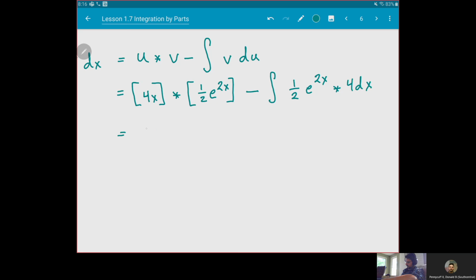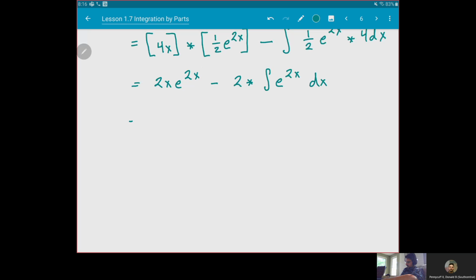So that'll be 2x e to the 2x minus 2 times the integral of e to the 2x dx. So this will be 2x e to the 2x minus 2 times 1/2 e to the 2x.